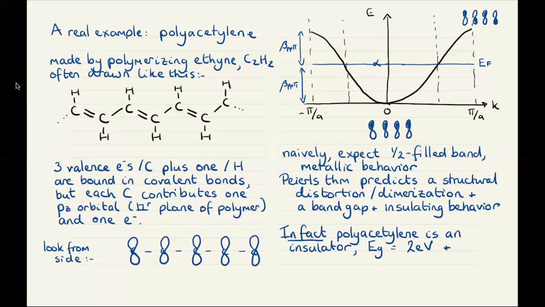And it has an alternation of the carbon-carbon bond lengths of 6 picometers. So adjacent carbon-carbon bond lengths, one long and one short, differ by 6 picometers. And so the behavior of polyacetylene is certainly consistent with the prediction of the Peierls theorem.